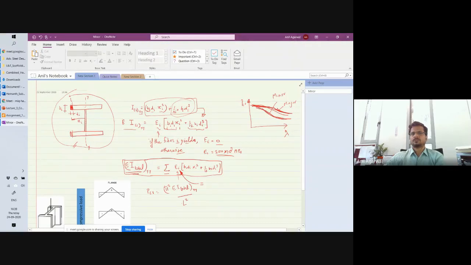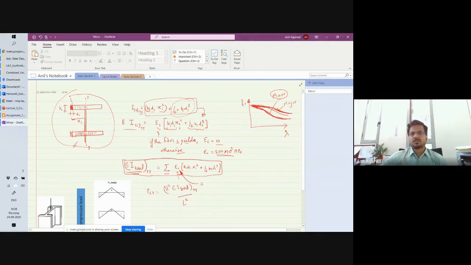Let's say I'm worried about minor axis for now. For the minor axis behavior, I know that I have to create partitions in this direction, so my fibers are distributed this way. Similarly in the web also, because I have to count the distance from the neutral axis, and the neutral axis is this one, the y axis.